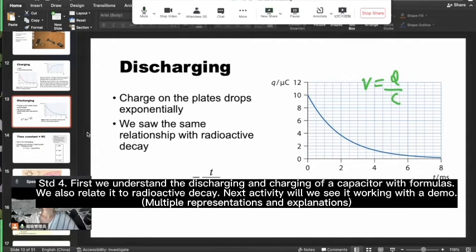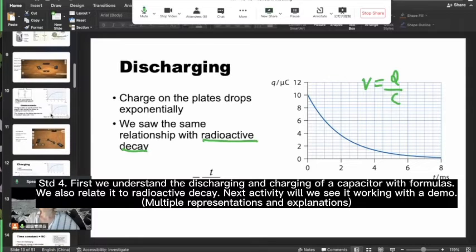And it's related to the same reason radioactive decay is not a straight line. And here's the reason. We said that when any changing process is related to the thing that's changing, we get the natural number e in that relationship.